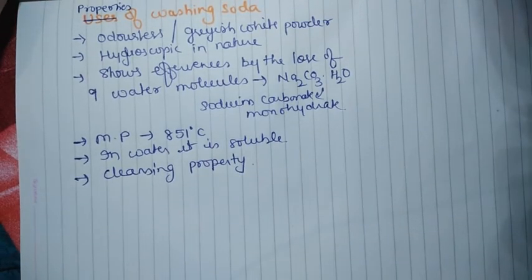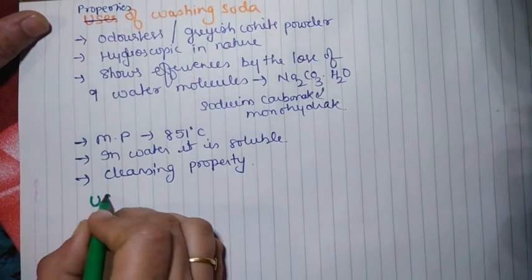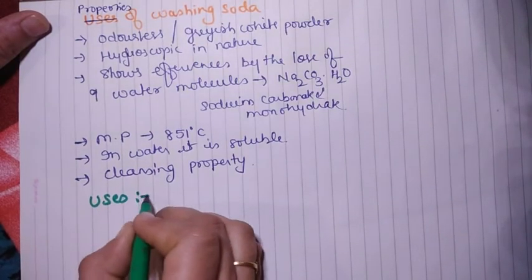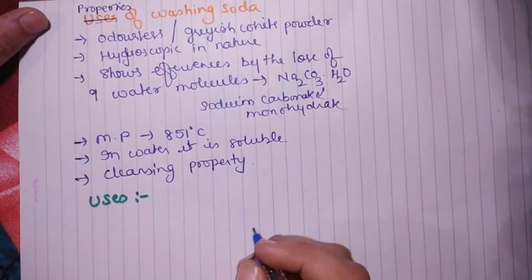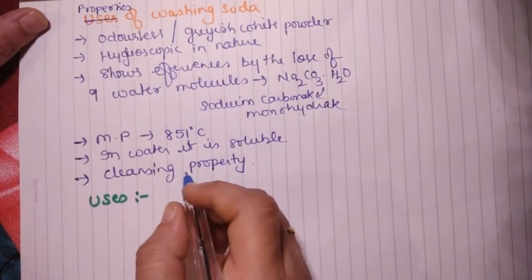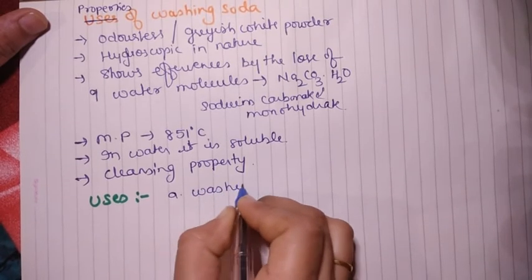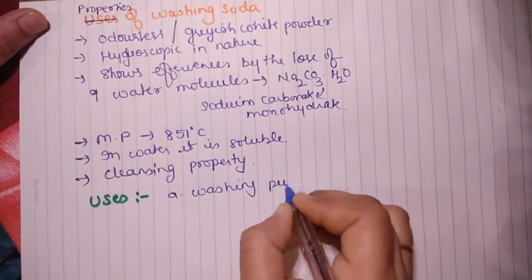Now let's talk about the uses of washing soda. If we talk about the uses, it has a wider application in washing purposes that I have told you. So we can write A as washing purposes. In laundries it is used.